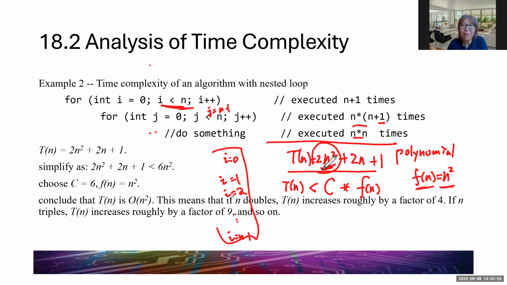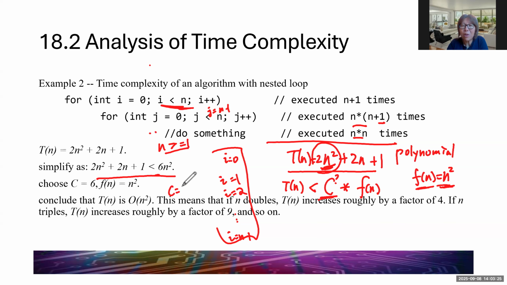Now the question is, how do we find the constant? It must guarantee that when n is greater than or equal to 1, the inequality will always be true. Here, if you try c is 6, then it will work. So this relationship will always be true.